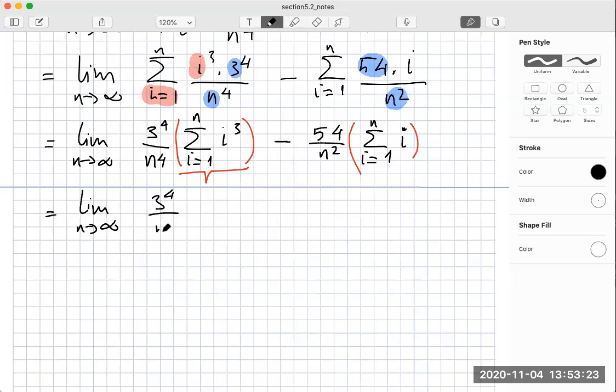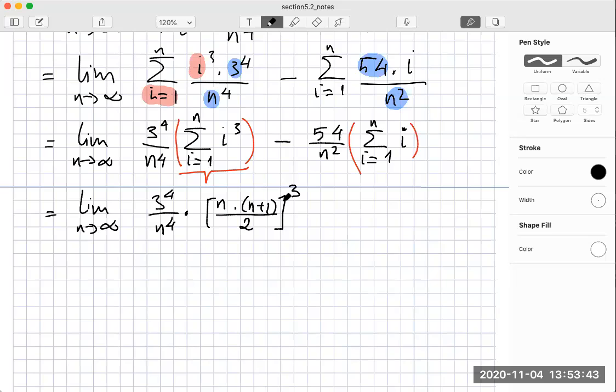This is a constant, the number, we can write it here. And this formula gives us n times n plus 1 divided by 2, and then raised to the power of 3 here.